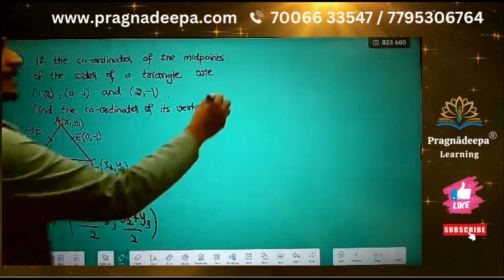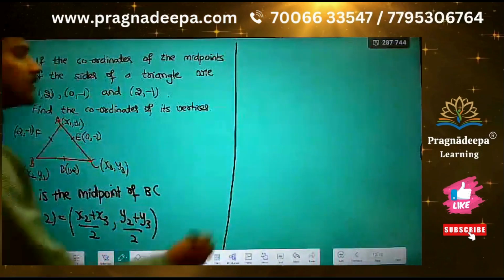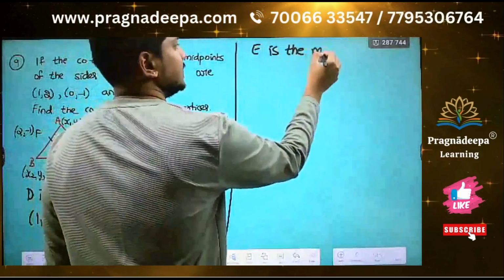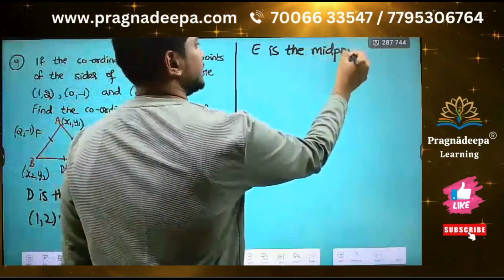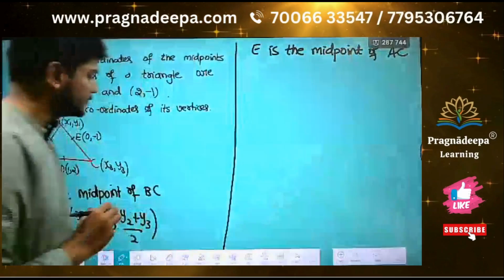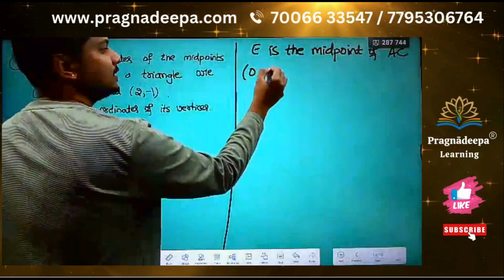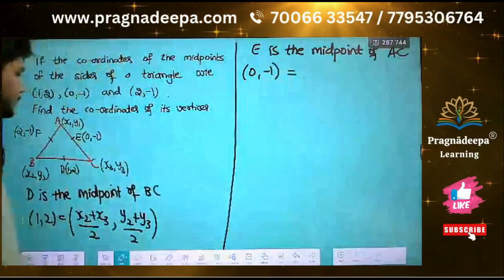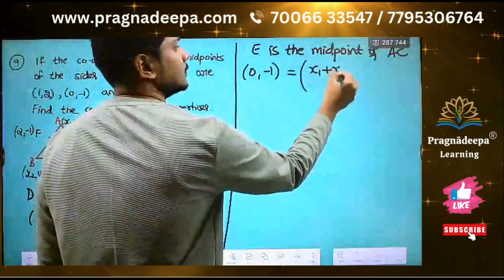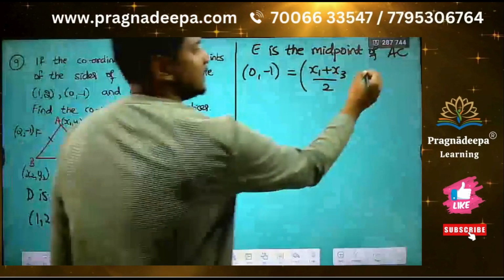Similarly, E is the midpoint of AC. So you can apply the midpoint formula. (0, -1) is equal to (x1 plus x3 divided by 2, y1 plus y3 divided by 2).